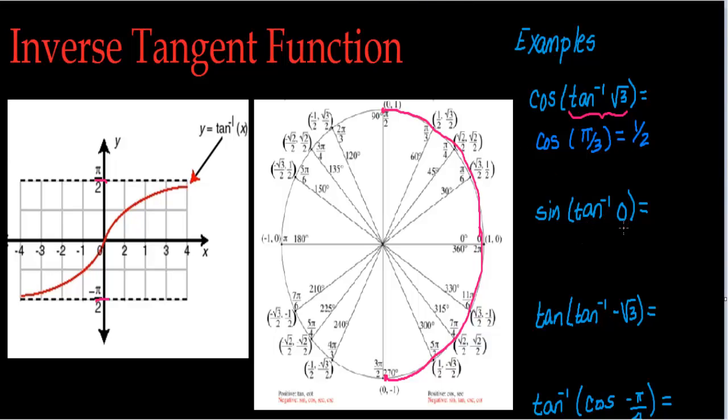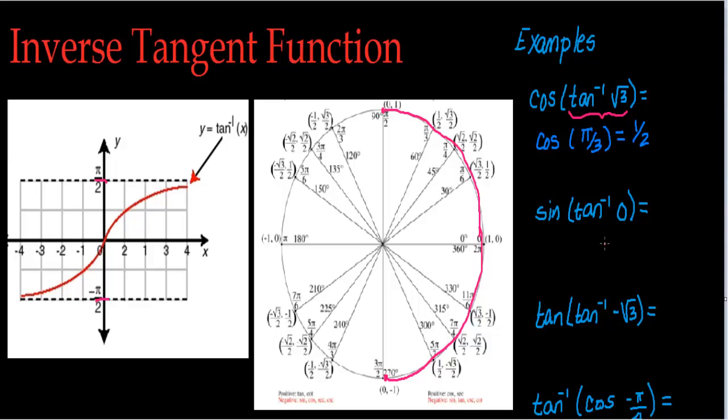For example 2, tangent inverse of 0. We're looking for an angle, and once we have that angle, we can take the sine of that angle. So the tangent inverse of 0 is asking you, what angle do I take the tangent of and get 0? That will occur wherever sine is 0, because sine will be your numerator for tangent and cosine will be your denominator.